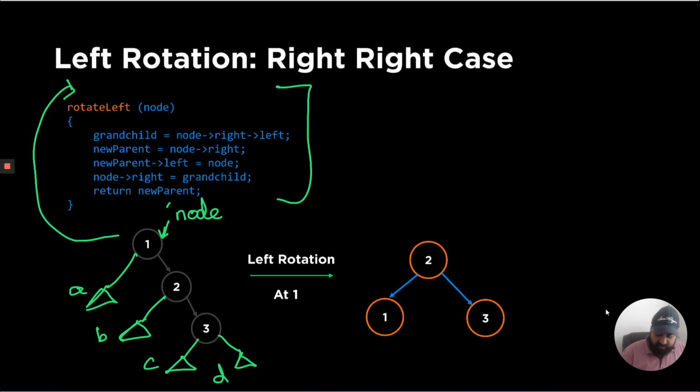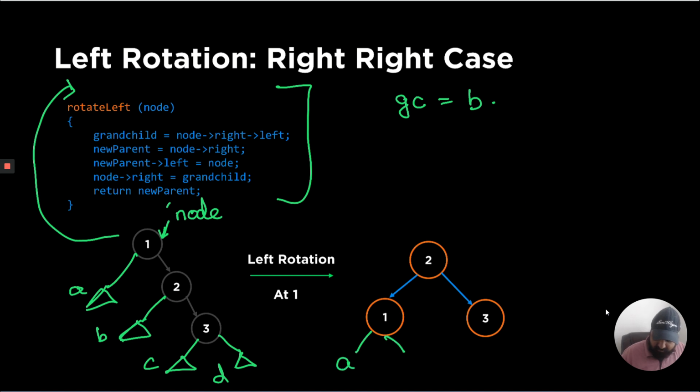So I'm now going to cover the pseudocode bit by bit, which is in this case, first we define grandchild, which is node's right left, where node is 1. So node's right is 2 and left is B. Okay.